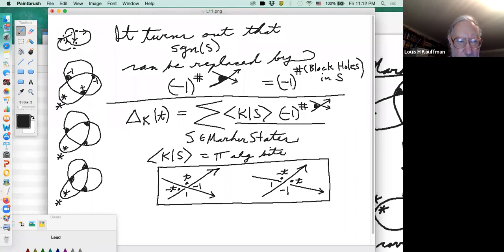Okay. And what about this one? This one is the same as before, a -1. And this one is plus, minus, plus. And this one is plus, minus t. And this one has a t minus t.